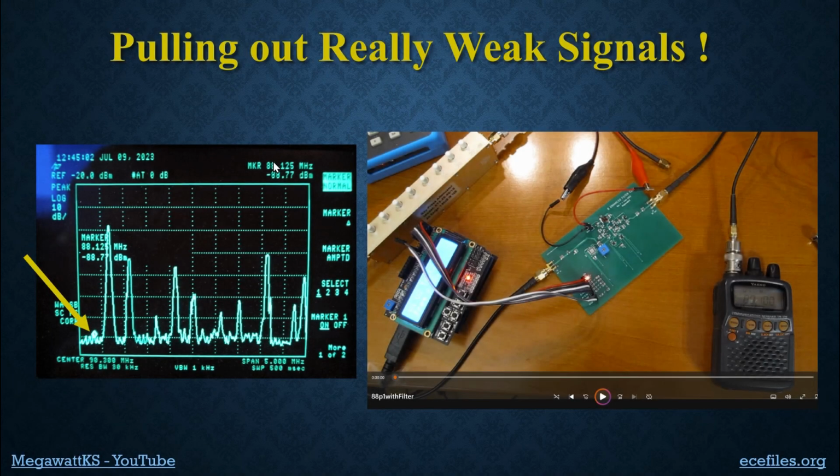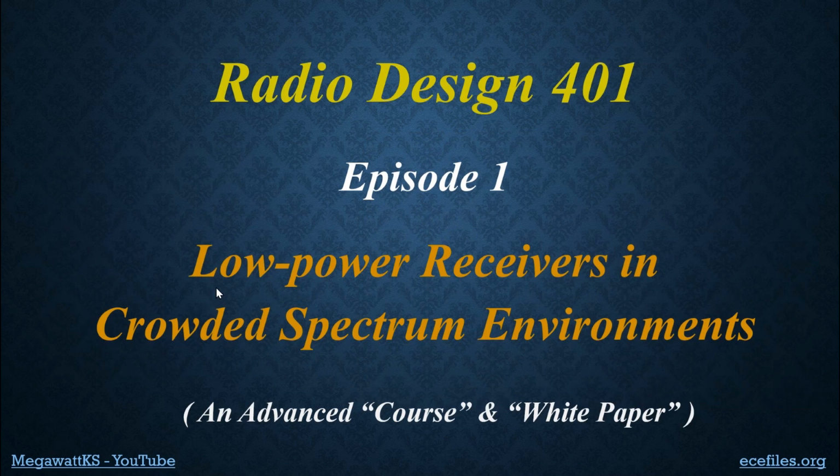So this thing really works, and this is even without optimizing it. We've done a little bit of design work in here to get it to work as well as possible, but not a great deal. So this is kind of a proposed filter design. It's a filter that allows us to make low power receivers that work in crowded spectrum environments.